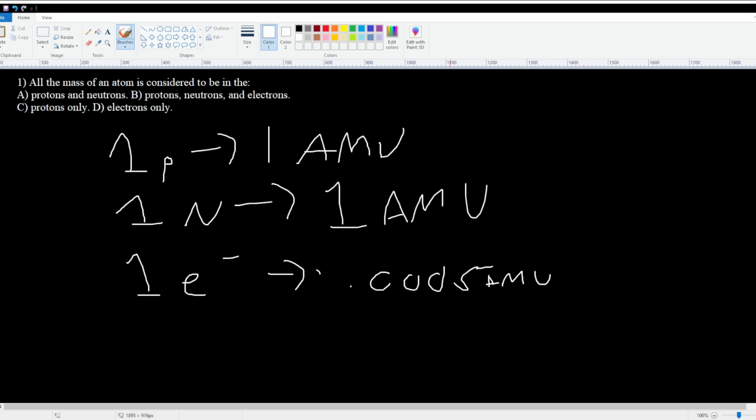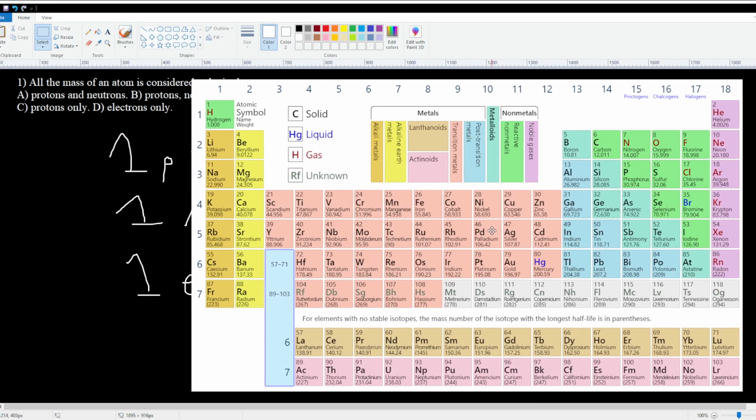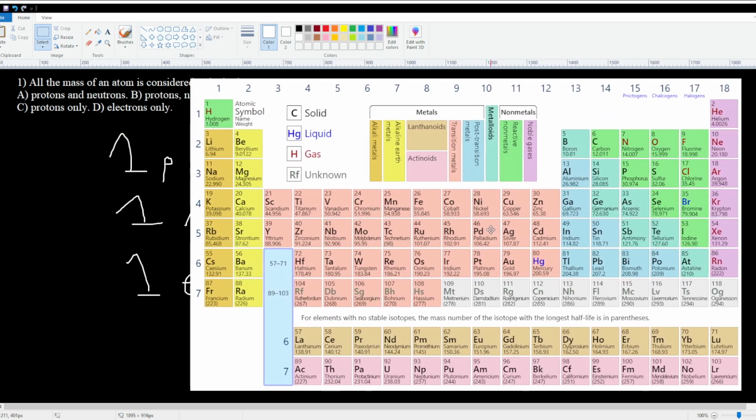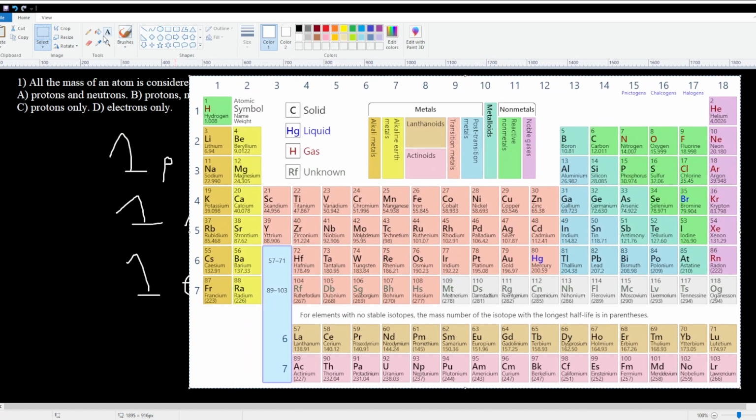So if we take this into consideration and take a look at the periodic table, we'll see that this is consistent with the periodic table. Like I said, one proton is equal to one AMU. So hydrogen is just one proton, no neutrons, so it has an atomic weight of 1.